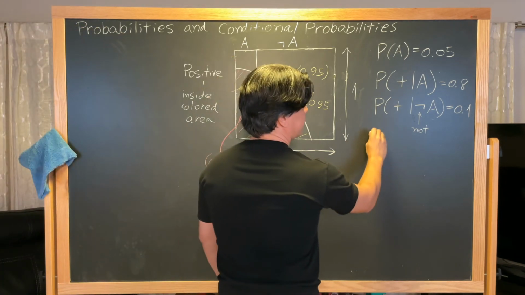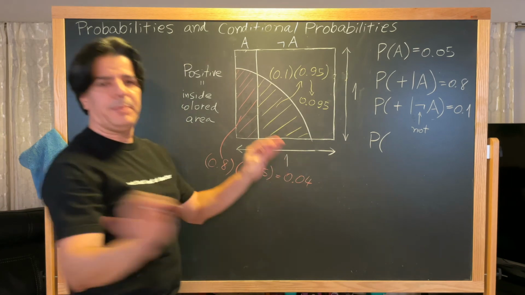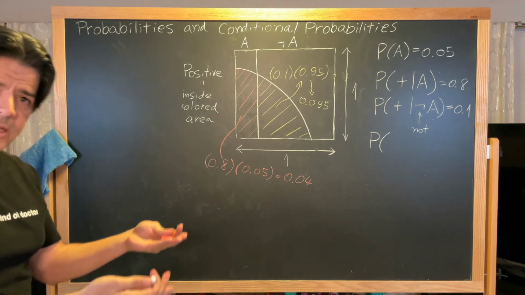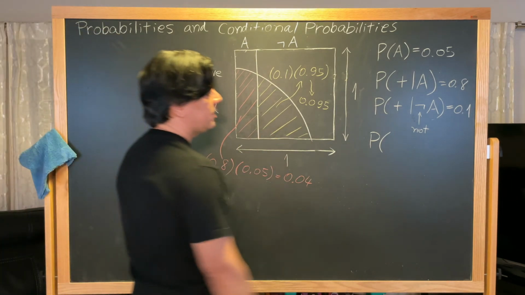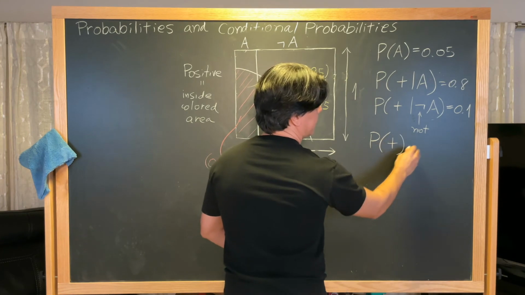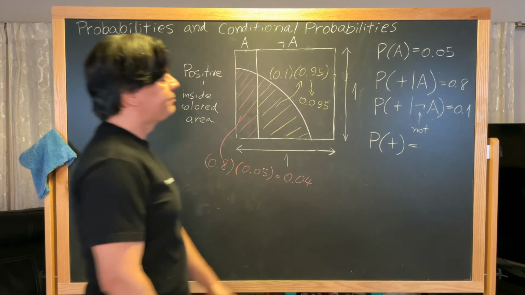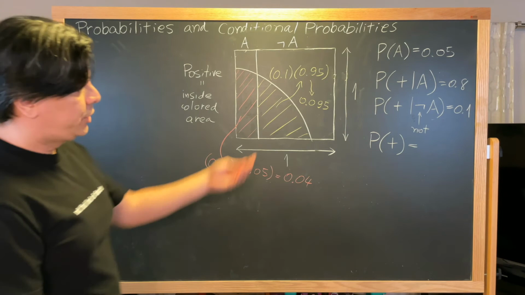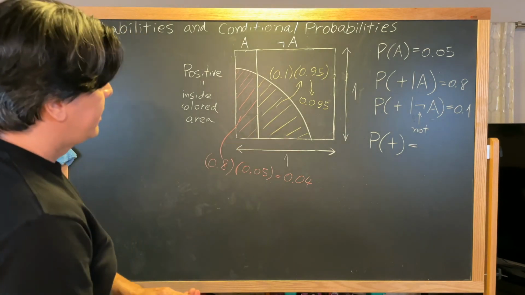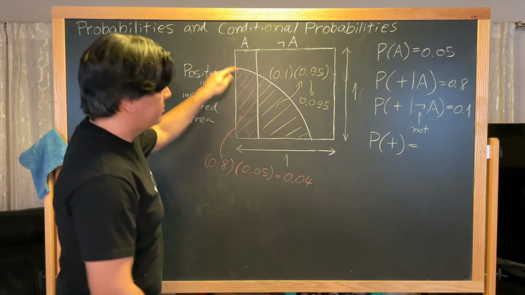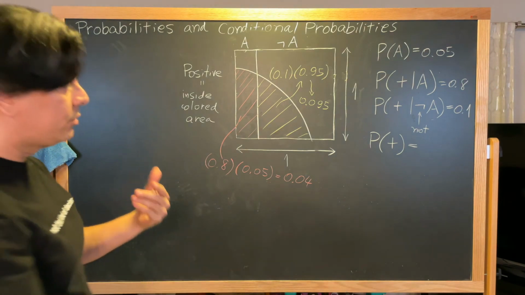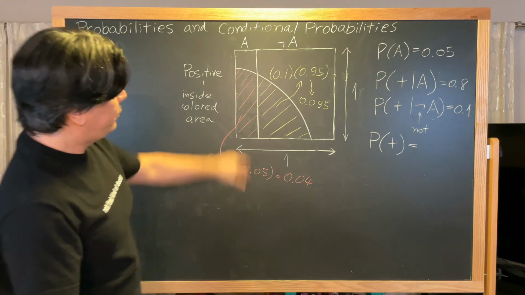So now if I were to ask you, what is the chance that I take any person at random and test that person, and the test will come back positive? Well, the chance of positive, positive being the colored area, is the likelihood that if I throw a dart, it'll fall in here.